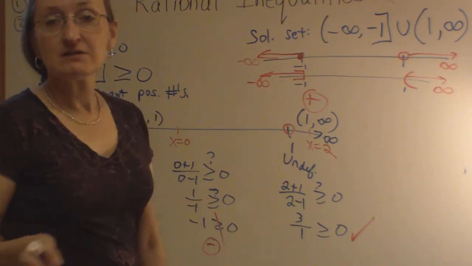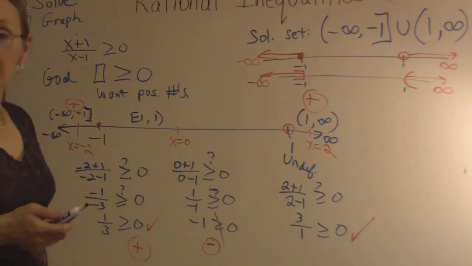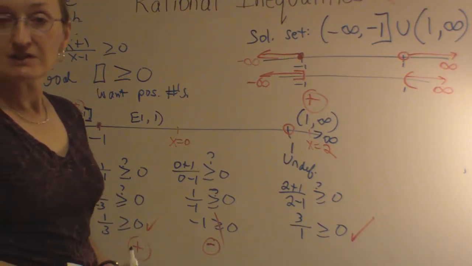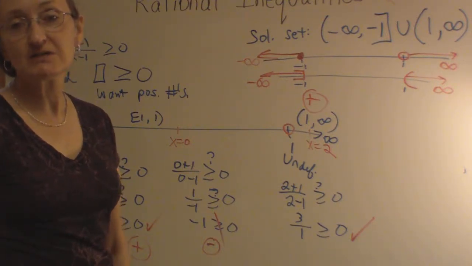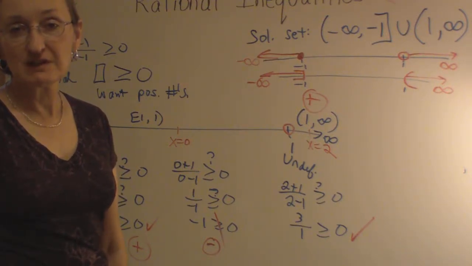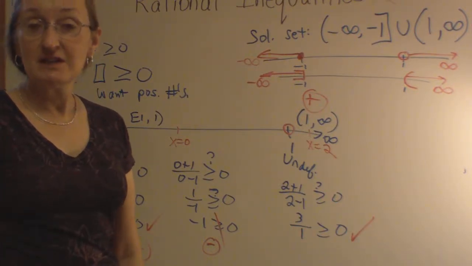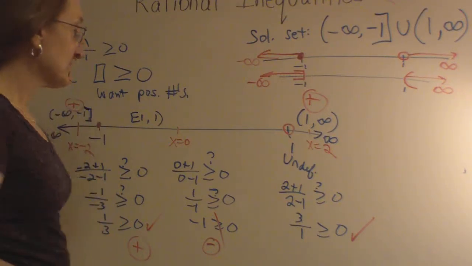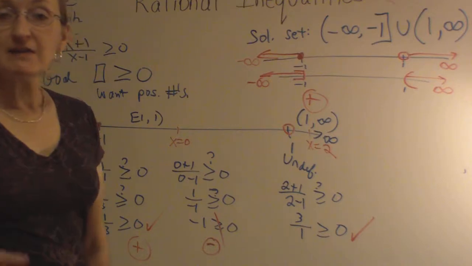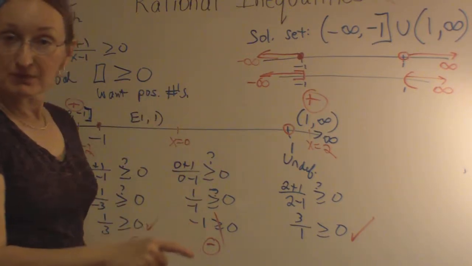So what have we learned how to do here today? Well, we learned how to solve a rational inequality using the definition and by following the procedures, which is to set the numerator and denominator equal to 0 separately, and then solve for each one of those to find the zeros or the solutions, as well as any undefined points. Once you find those, you plot them on the number line. Then between those points, you construct intervals and pick test points.